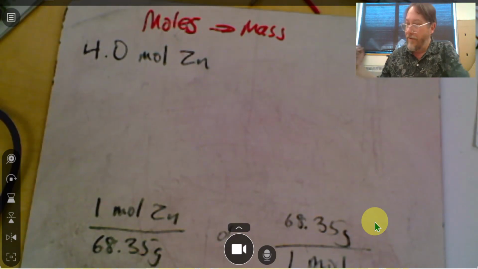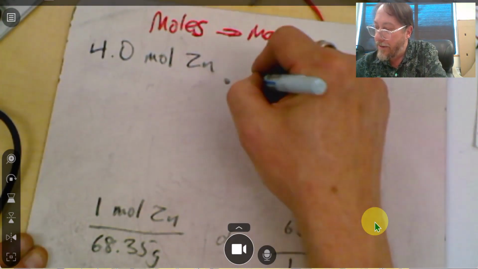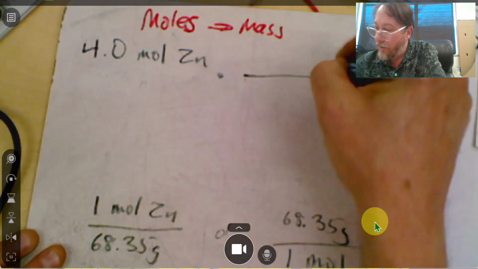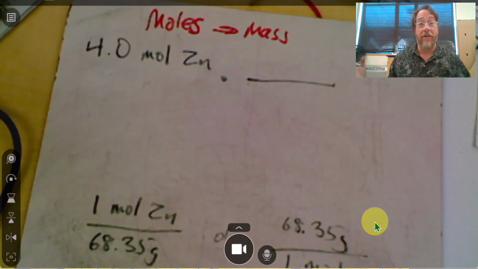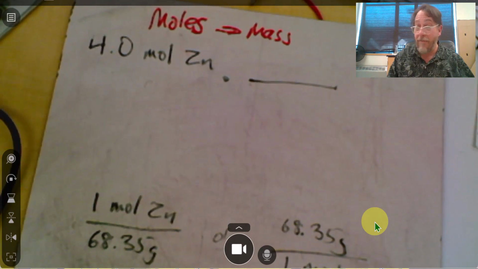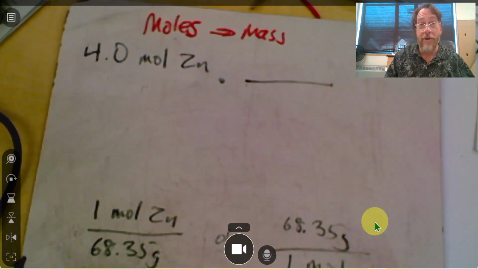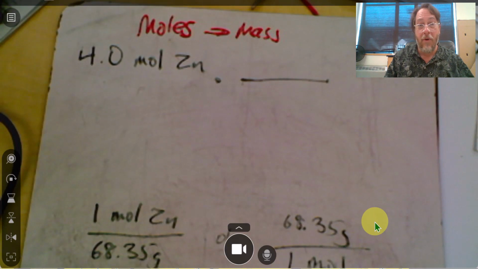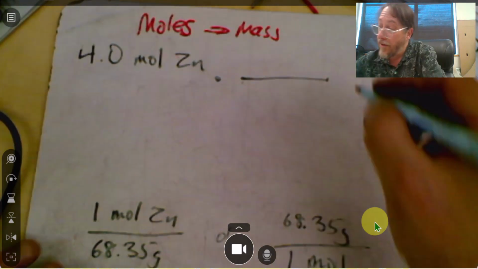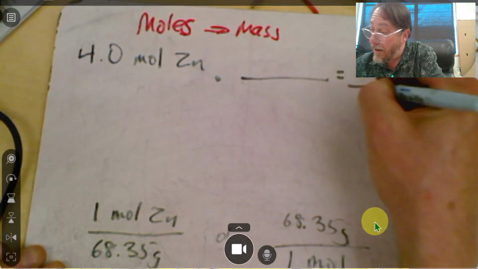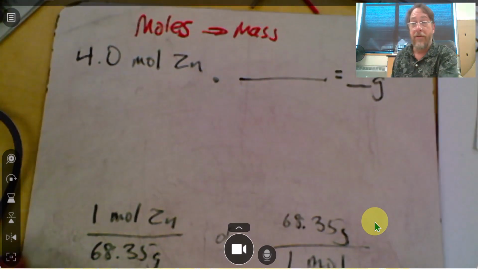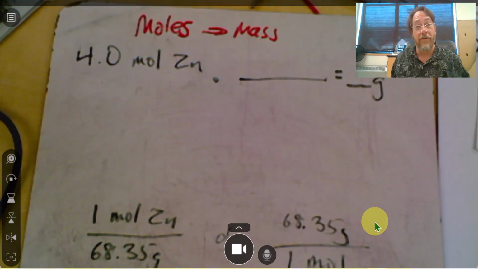Well, let's think of it this way. When we multiply our 4 moles of zinc times our conversion factor, we're going to want the thing on top that is going to replace moles. In other words, grams. So we're going to want our answer in grams, right? 4 moles of zinc is how many grams?